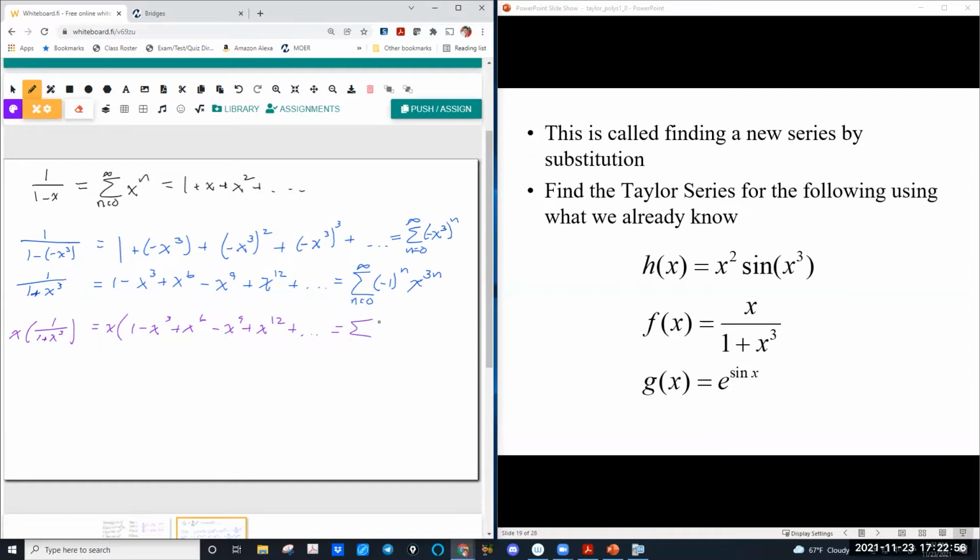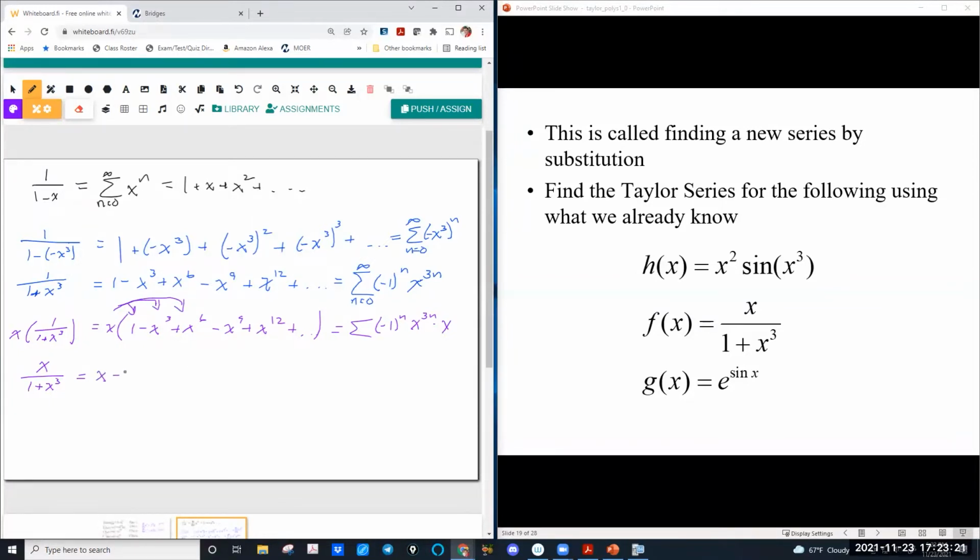So negative 1 to the n, x to the 3n, and then times that x. So we wanted the Taylor's expansion for x over 1 plus x cubed. We're going to just basically distribute that x to all these terms, which it really just raises the exponent by 1.